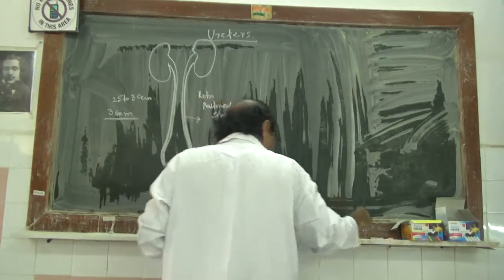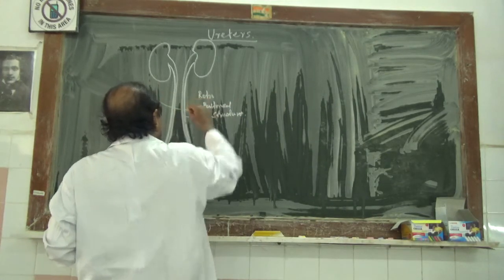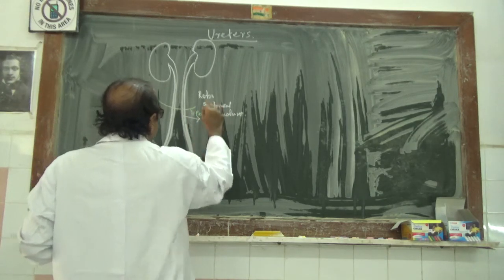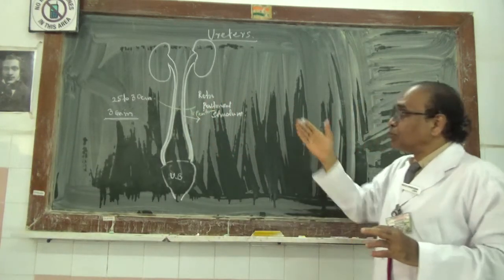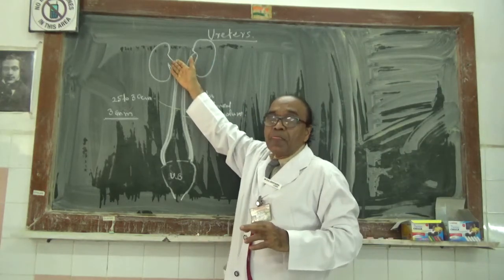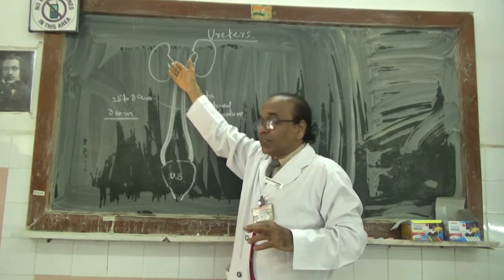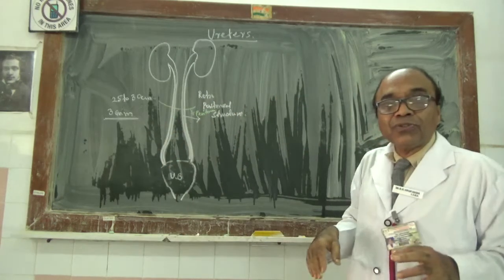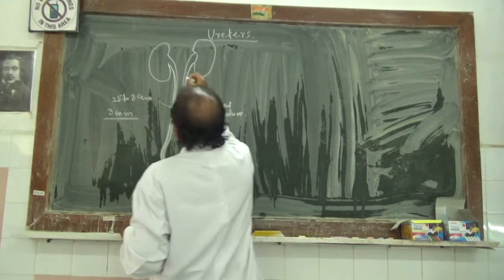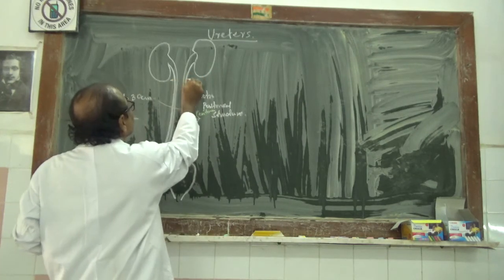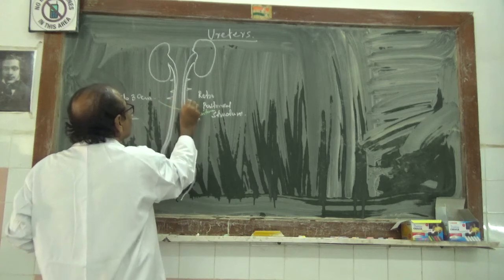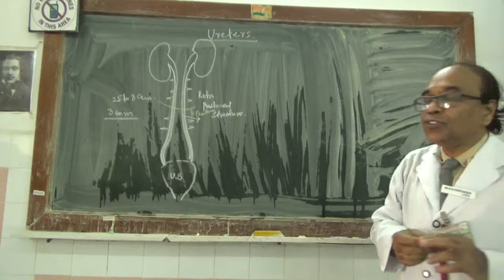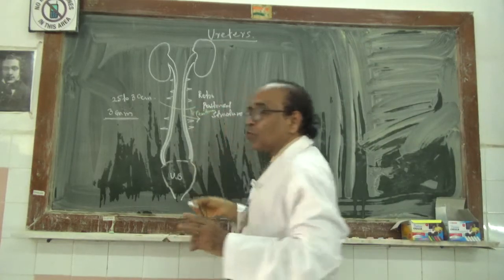So this ureter, it will be like this. So it will be the peritoneum. Now this ureter, when it descends from the hilum of a kidney to the urinary bladder, it lies on the transverse process of the lumbar vertebrae, and also the lateral margin of the psoas major, corresponding right and left.